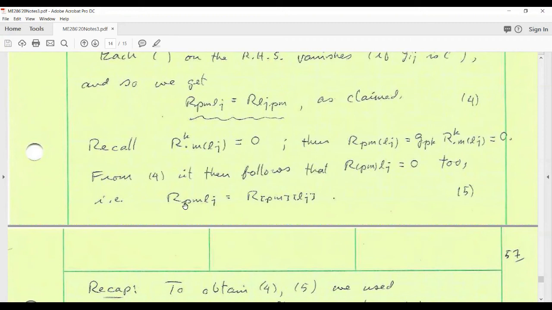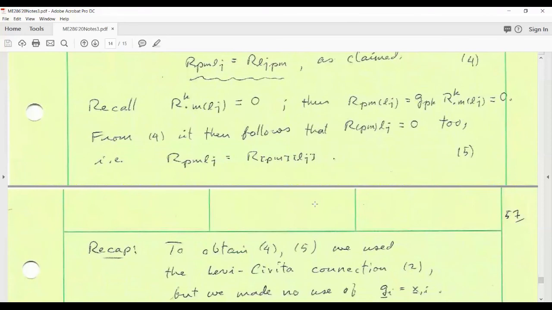So the Riemann tensor is the same as if you skew symmetrize the first and second, and skew symmetrize the third and fourth subscripts. You lose no information by replacing the Riemann tensor by this, where you only look at the skew symmetrized part in P and M and the skew symmetrized part in L and J. Because all these symmetries, the minor symmetry in the first pair of subscripts, that's 0, and the minor symmetry in the second pair of subscripts is 0.